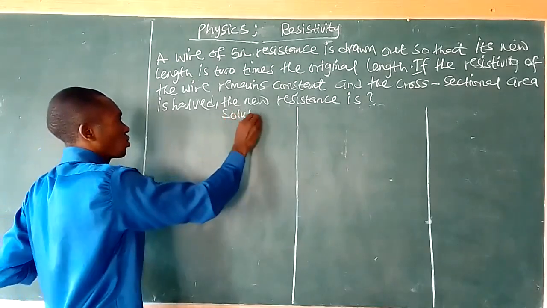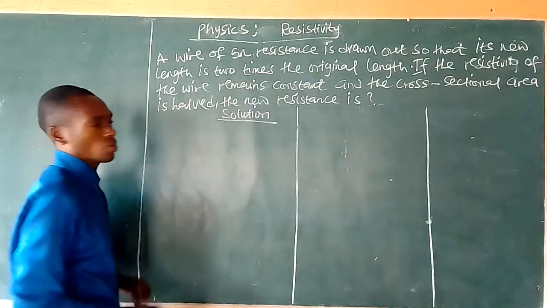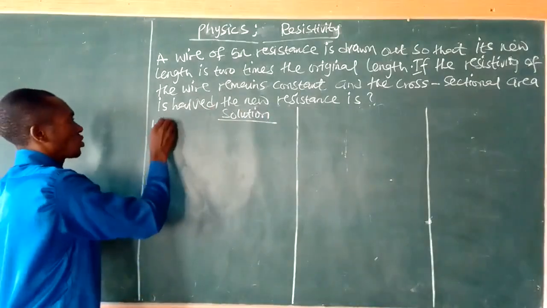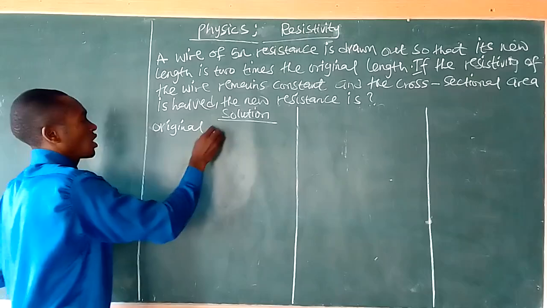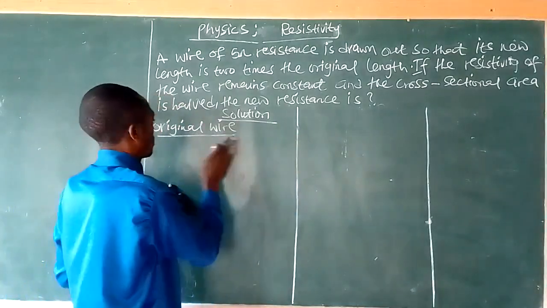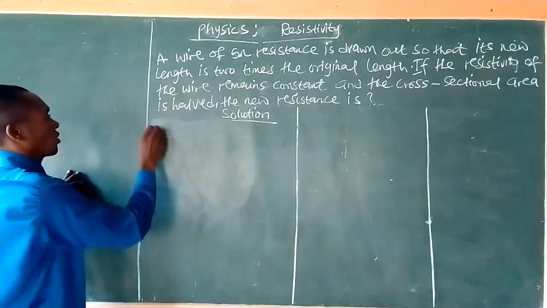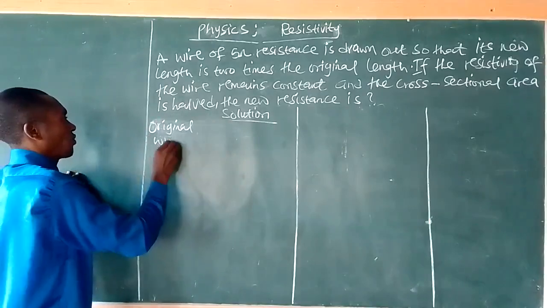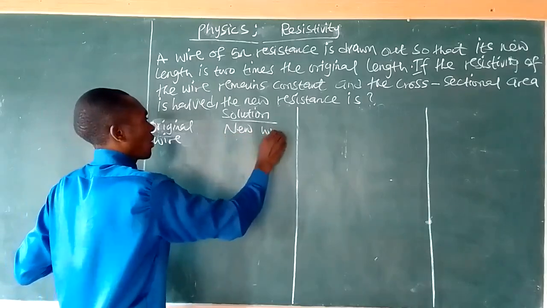Now solution, the first thing we'll do is to bring out all the things that are given to us in the question, the parameters we have in the question. We're going to classify them under the original wire, and then also have our new wire.